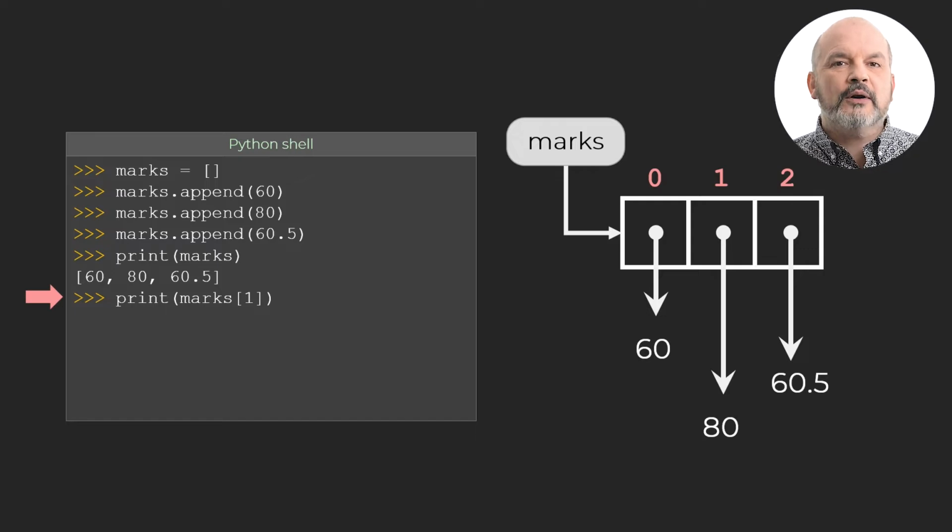To get a single element of a list, use the name of the list, followed by square brackets, and within the square brackets is the position of the element to fetch. Remember, position 1 represents the second element in the list, which is 80 in our example. Be careful. If you try to print an element at index 3, the interpreter generates an error, as the last element is at position 2.